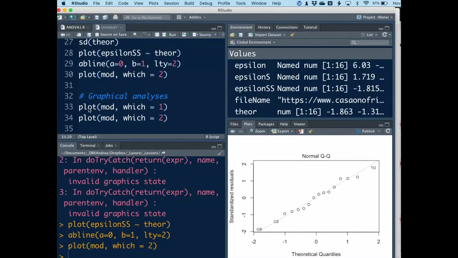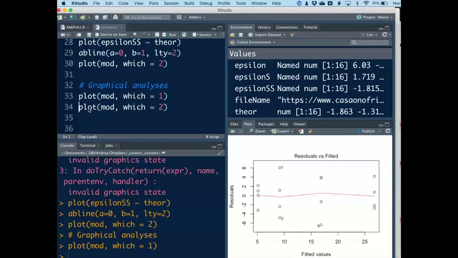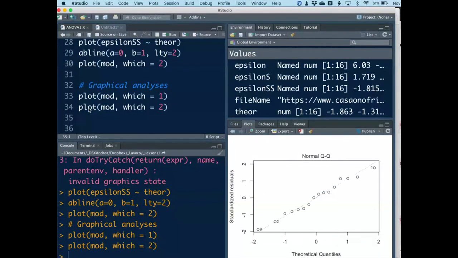The first graph helps us spot possible outliers and variance homogeneity, or perhaps better, heterogeneity. The second graph is a QQ plot, and we can see whether the residuals are Gaussian or not. That's all.